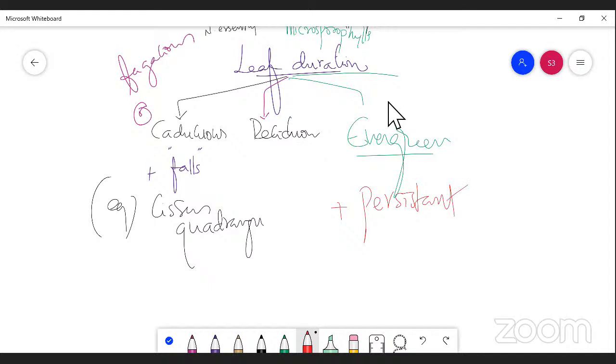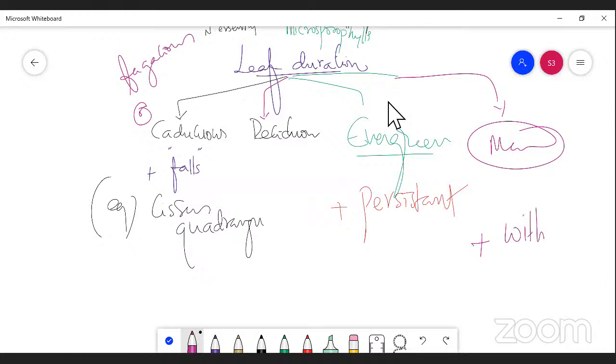Whereas the last one, marcescent, is one in which the leaves are not falling down, but sometimes they may be withering, right?